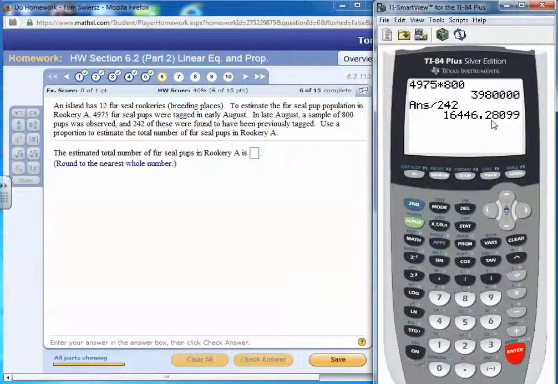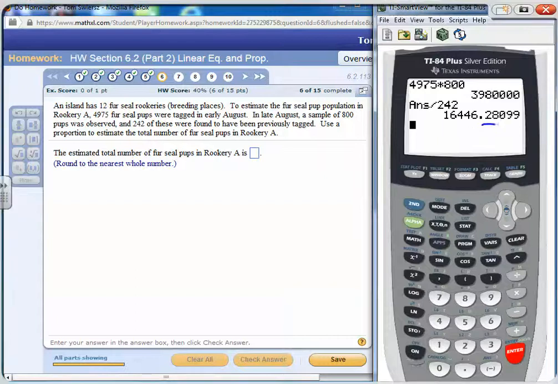That means the 0.2 we would round down, right? The 0.2 is 4 or less for the tenths right here. So it would be 16,446. We would leave the ones digit alone, or rounding down. All right?